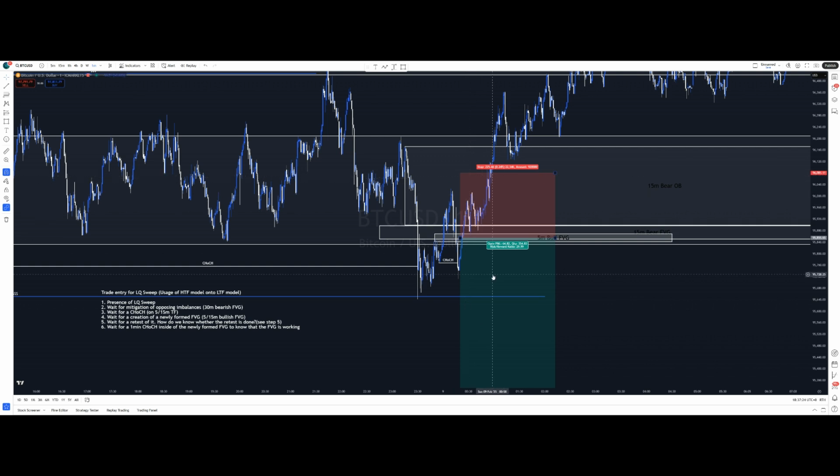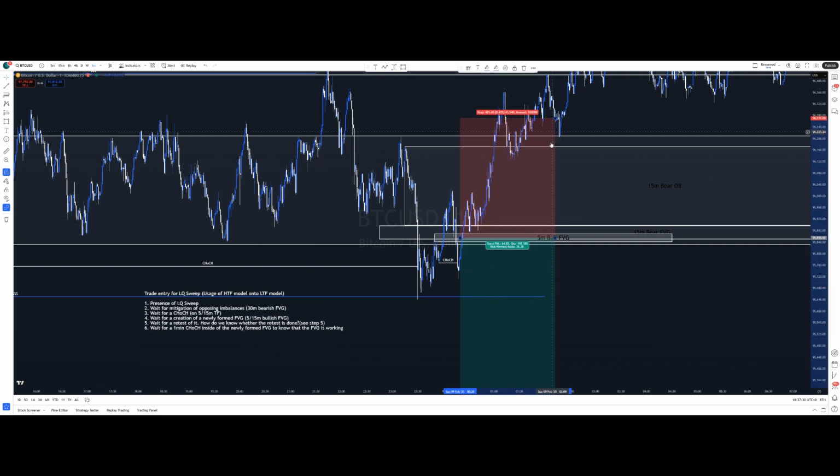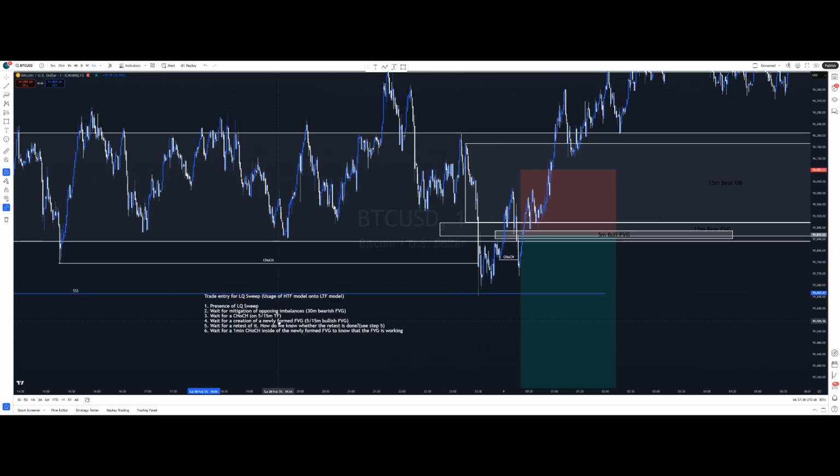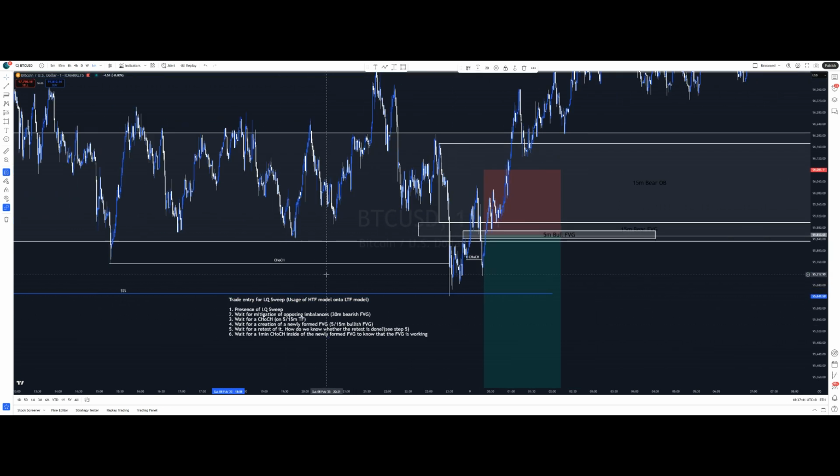I used to put my stop loss pretty big, but now I realize that if price just comes up and comes very near to the stop loss, most likely it's going to be taken out already, and your bias will be wrong already. So in this case, my bias was wrong.